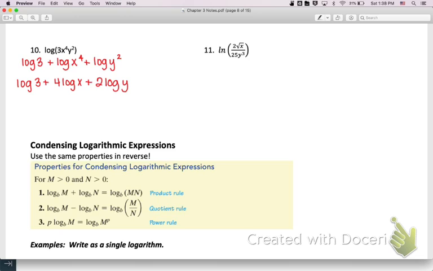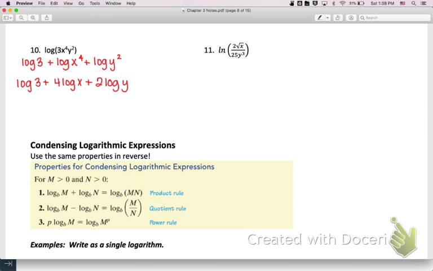So for number 11, here's how I think of this. Like I was saying in the previous example, anything that comes from the top of the fraction is going to be positive. Anything that comes from the bottom is going to be negative because of the division. Dividing turns to subtraction, but the top stays the same. So it's going to stay positive. So I know that I have 2 times x to the 1/2 in the top.